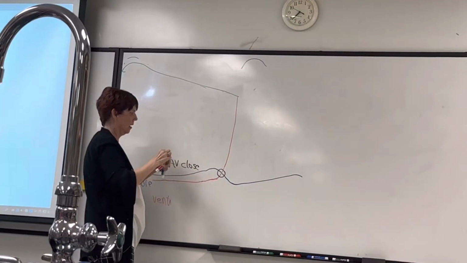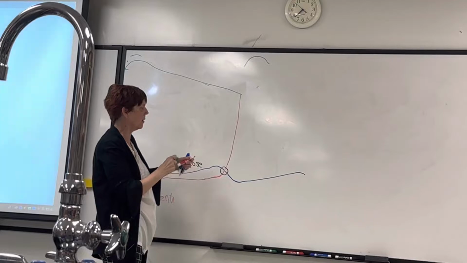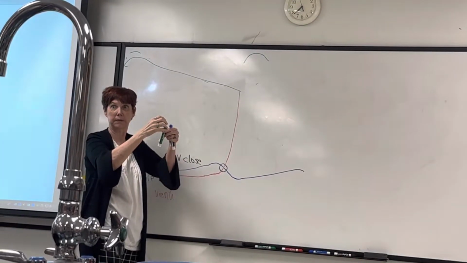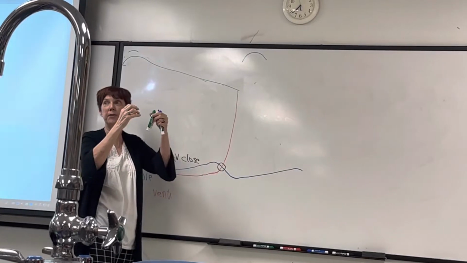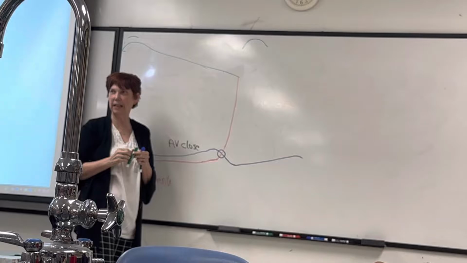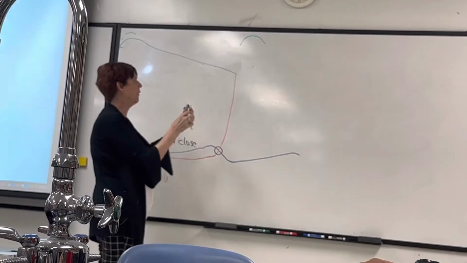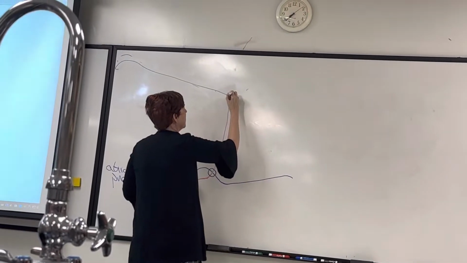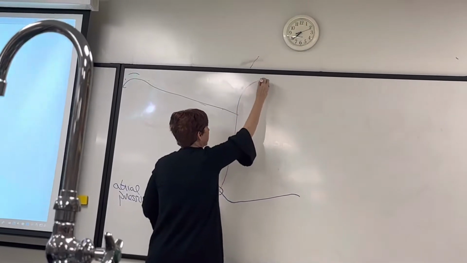Remember, AV valves are closed, pressure is rising, and semilunar valves are closed too. It's that rising pressure that eventually is able to push against the blood still in the aorta, and it pushes the semilunar valves open, and we have ventricular ejection.